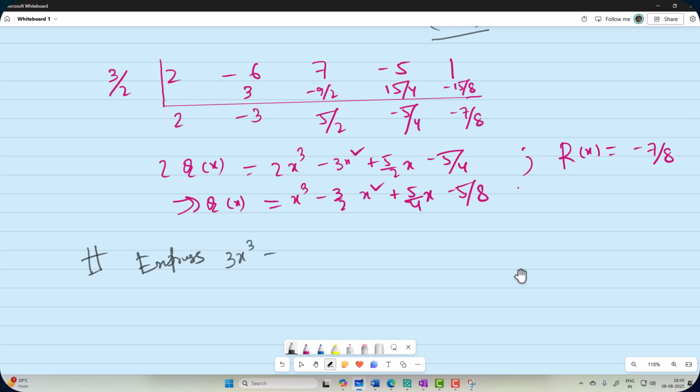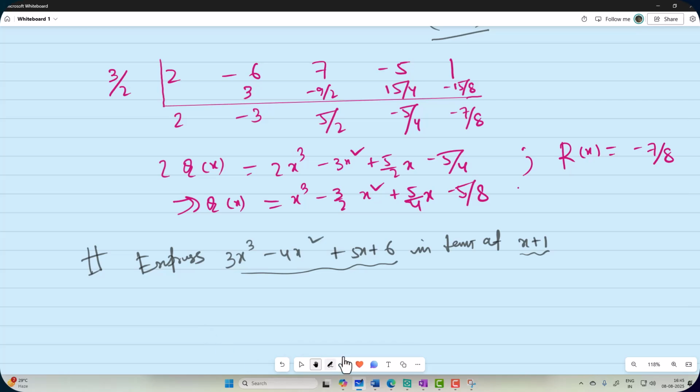3x cube minus 4x square plus 5x plus c in terms of the binomial x plus 1. This you express in terms of the polynomial x plus 1.